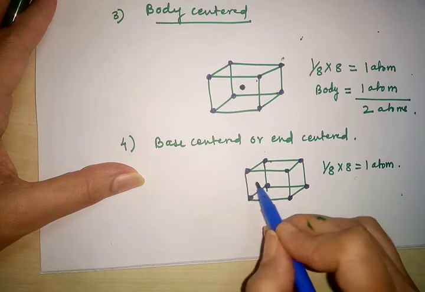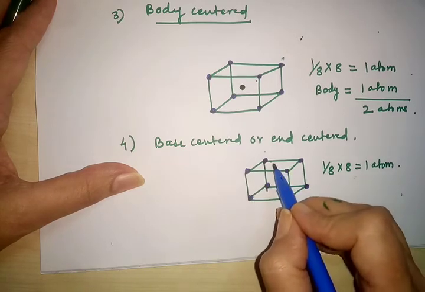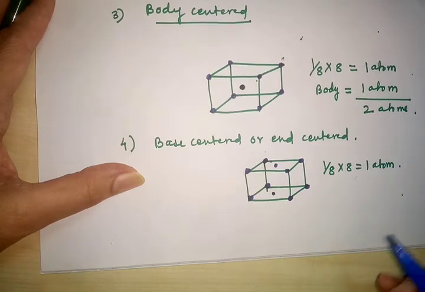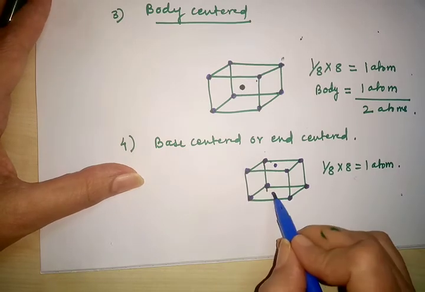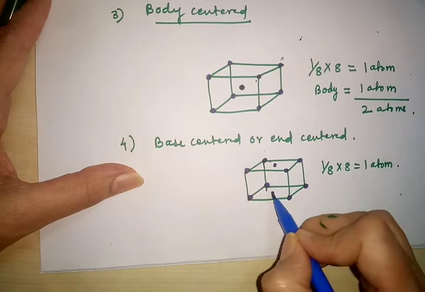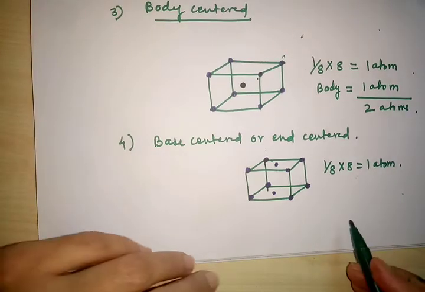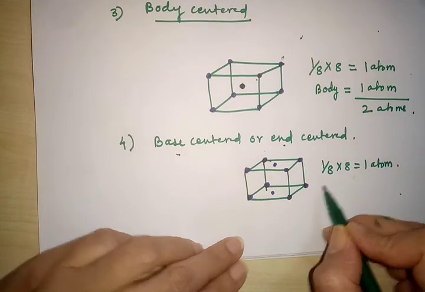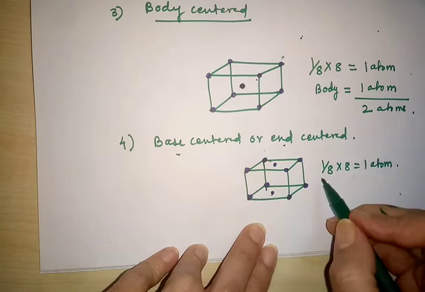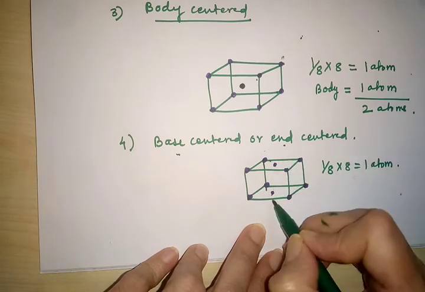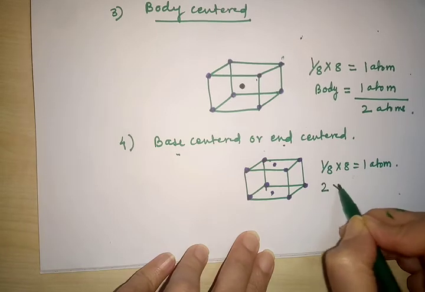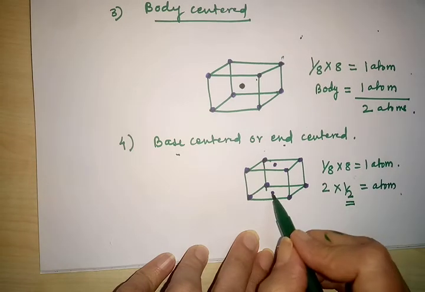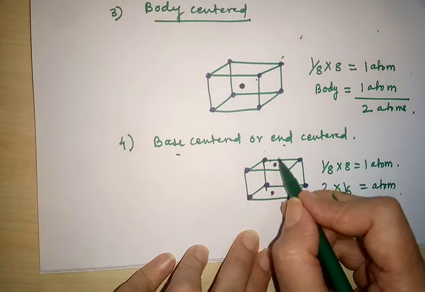In all there are 6 faces, 1, 2, 3, 4, 5 and 6. So at any 2 opposite faces, the particle is situated. If you consider only 2, this is at the 2 opposite faces, or at the base or the end. Each of these will be shared by two other unit cells, one more here and one more here, so this will be 2 into half equals 1 atom, because this half is the half contribution to this unit cell and half contribution to the other unit cell.